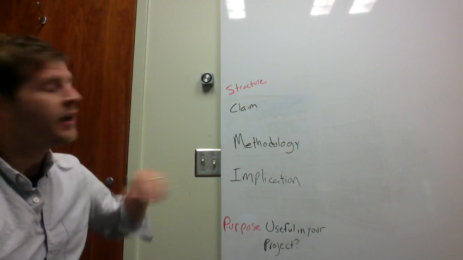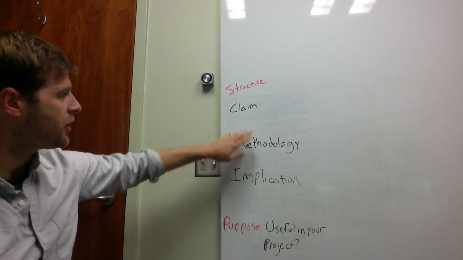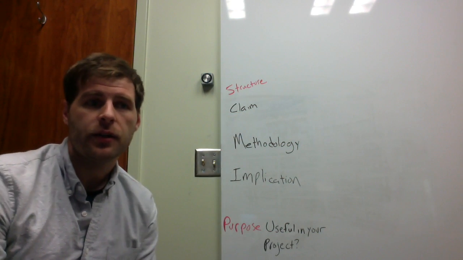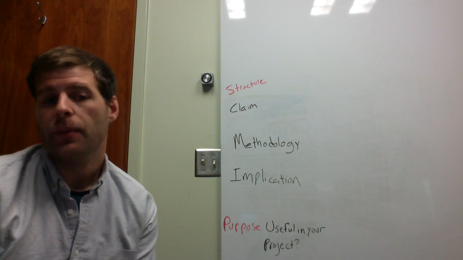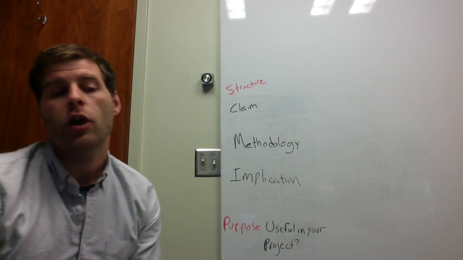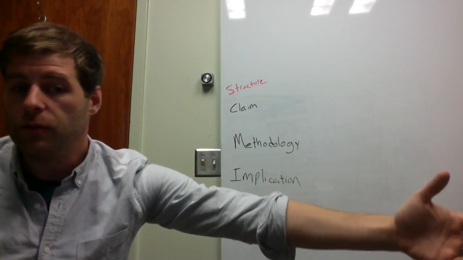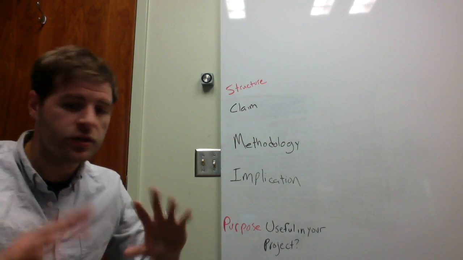Now, how do they do that? What I would explain then is making a connection between the claim and methodology. I would say, is the claim supported by the methodology? Do they do a good job in this article supporting what their claim is? Does their claim go beyond what their methodology says it's supposed to? Or does it fit really well? Or is it unrelated?